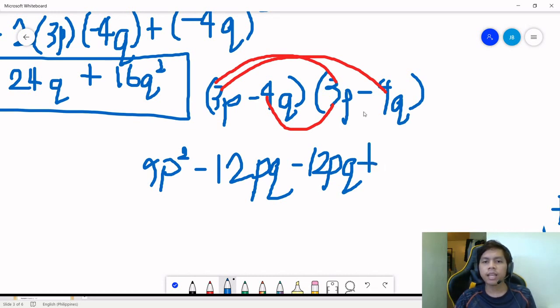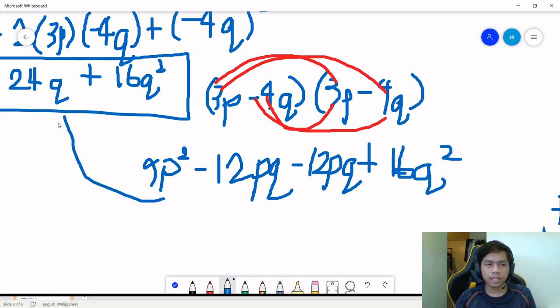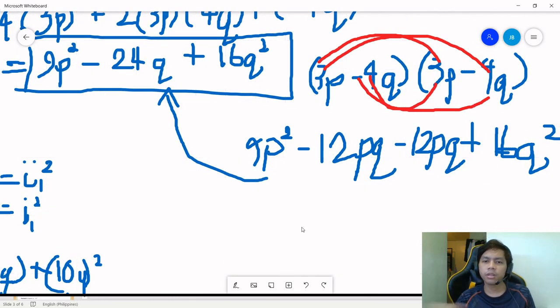So, negative 4q times negative 4q, that's positive 16q squared. So, yes, the same. 9p squared minus 12pq minus 12pq plus 16q squared. So, if you want to use a FOIL method to make sure your answer is correct, that's good as well.